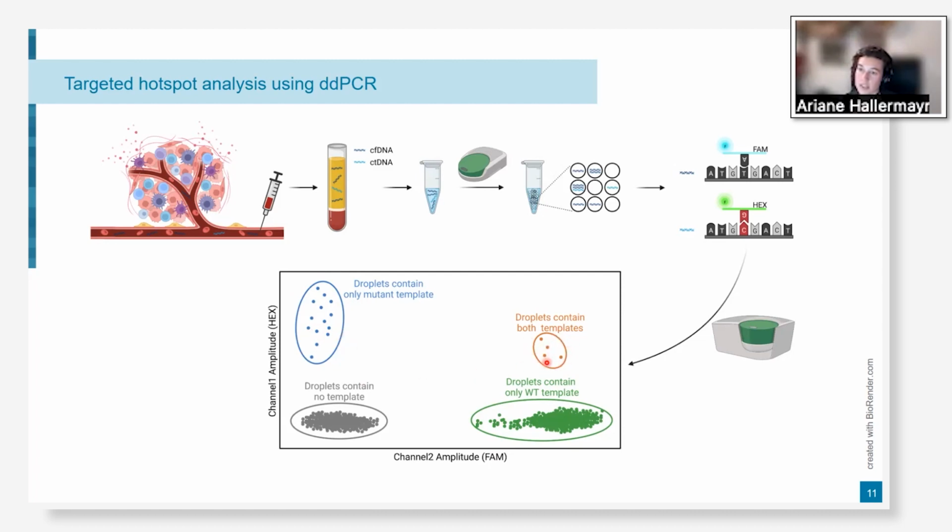With this analysis, it is possible to identify the allele frequency of the variant that is specifically associated with circulating tumor DNA.